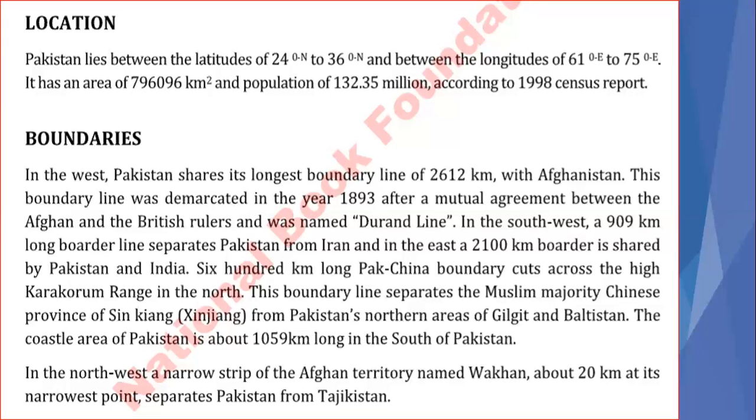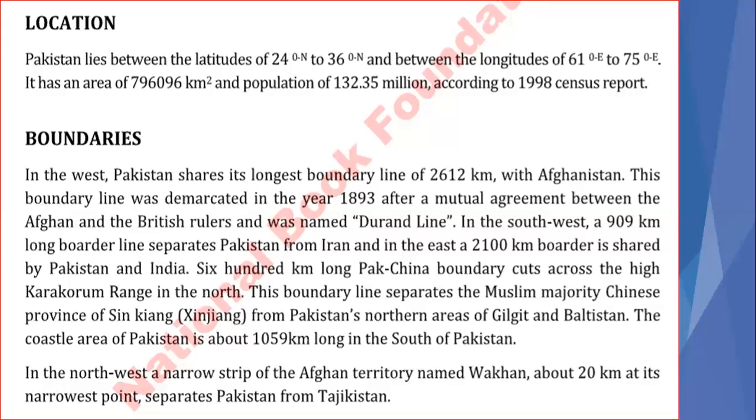In the north, this boundary line separates the Muslim majority Chinese province of Xinjiang from Pakistan's northern areas, Gilgit and Baltistan. The coastal area of Pakistan is about 1,059 kilometers long in the south of Pakistan. In the northwest, a narrow strip of Afghan territory named Wakhan, about 20 kilometers at its narrowest point, separates Pakistan from Tajikistan.